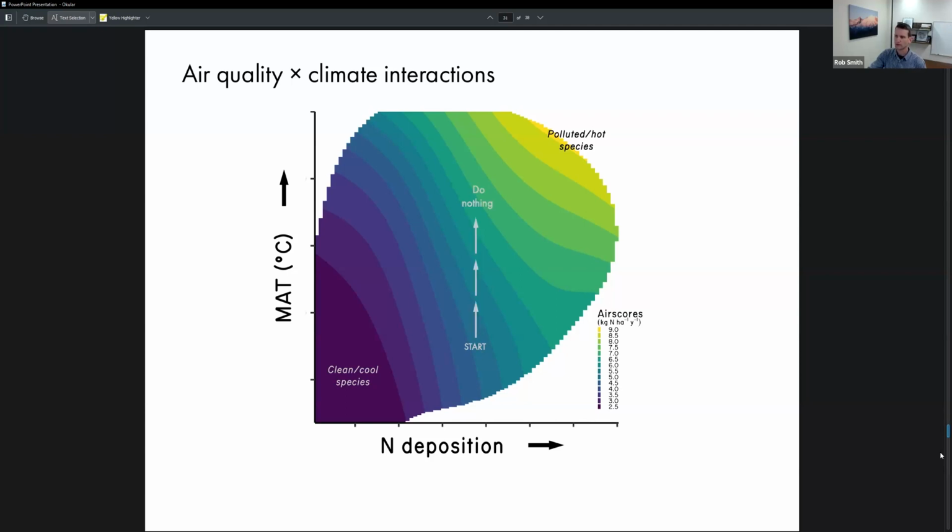So you're basically walking along this contour surface, walking along this mountain for a do-nothing strategy. That is, keep deposition the same, but let greenhouse gas emissions and all the other things that might drive climate continue to occur. And with that, we see that we would hypothetically have, on average, a higher air score. We'd be climbing that mountainside hill.